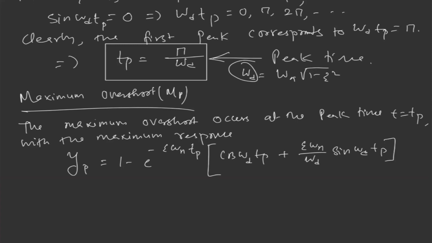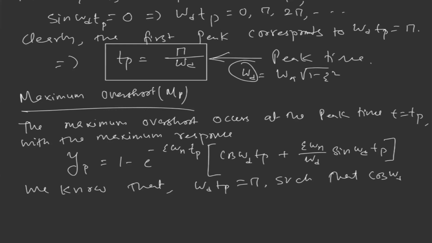And from this, we also know from the previous specification for peak time that omega d Tp equal to pi. So cos omega d Tp should be equal to minus 1, because omega d Tp equal to pi, and sine omega d Tp equals 0.